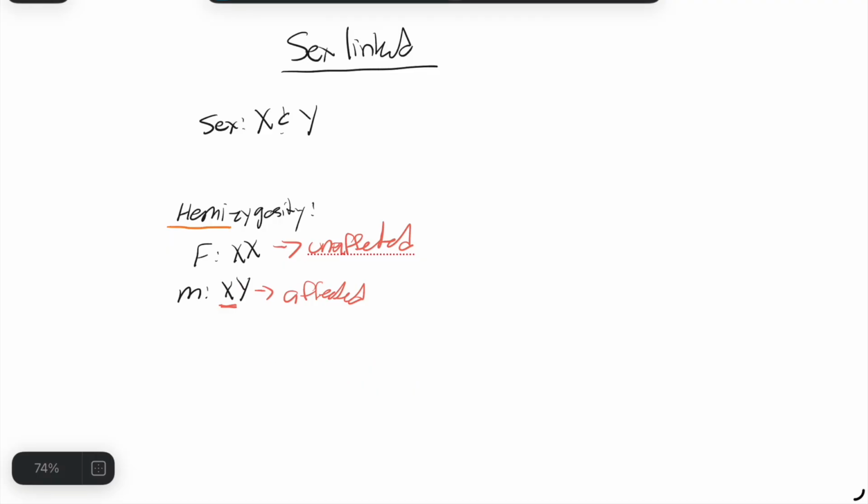Where would this diseased X chromosome have come from, though? If we set up a Punnett square of the sex chromosomes between the two parents, let's say this is the diseased chromosome that's circled in red, we will have this individual that's a carrier because they have a good X and a diseased X, and then we'll have this individual with one X and the Y being affected.